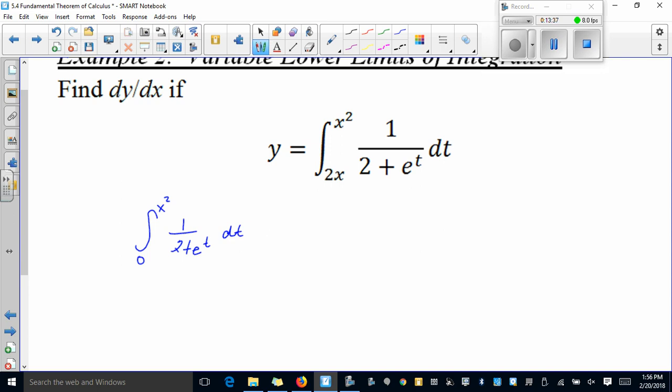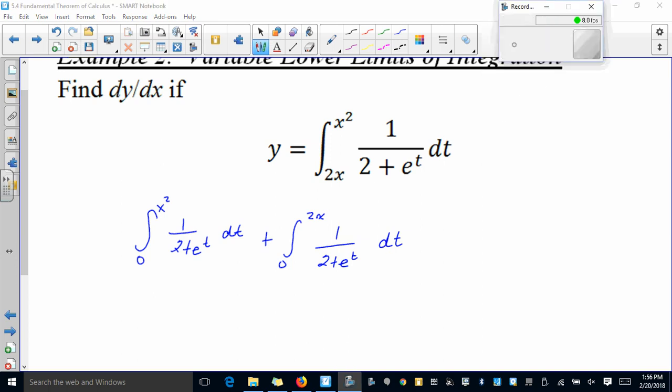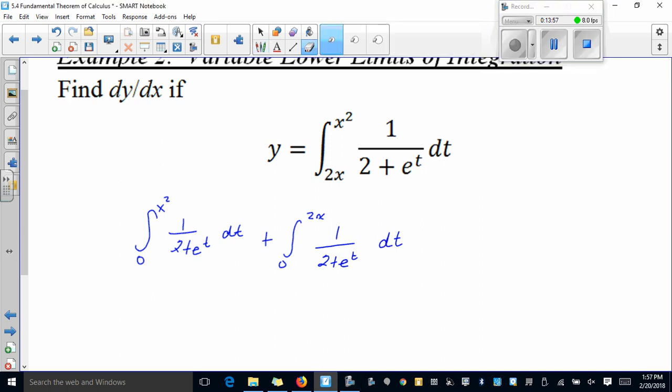Okay, let me go with, oops, not plus, this is going to be subtraction. Sorry. Because what we're looking at is we're having from x squared to 2x, and if we're going to go from 0 to x squared, that means we're starting at y equals 0 to whatever x squared is. Remember, those are going to be your y values. And so we're starting from the bottom up, and so at that point, what we got to do is subtract the difference of one over the other.